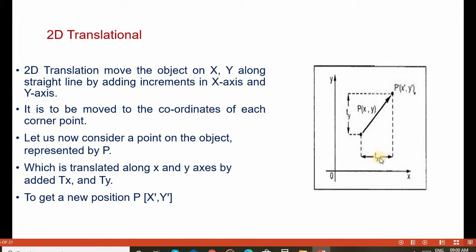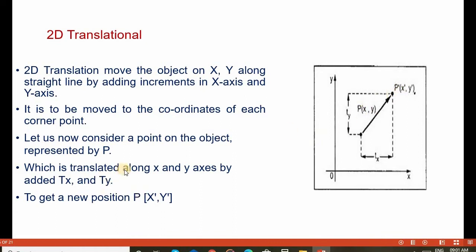In the x axis we add tx and in the y axis we add ty. The figure shows the 2D translation. This is the x axis, this is the y axis. So the point P has coordinates x and y, and we add the increments in the x-axis and y-axis along the straight line.